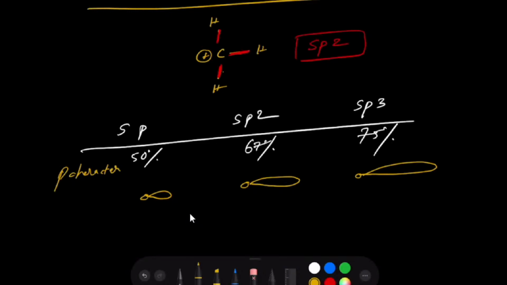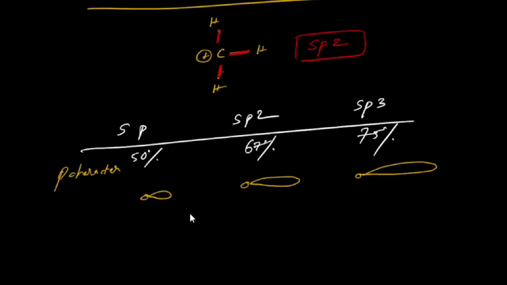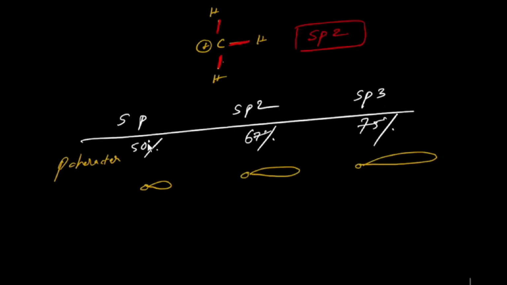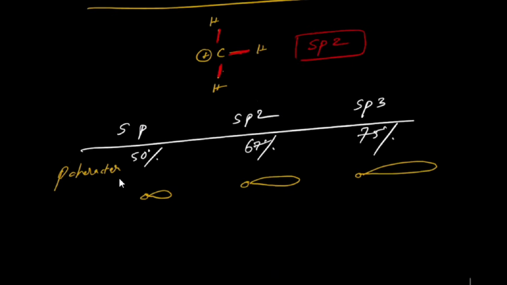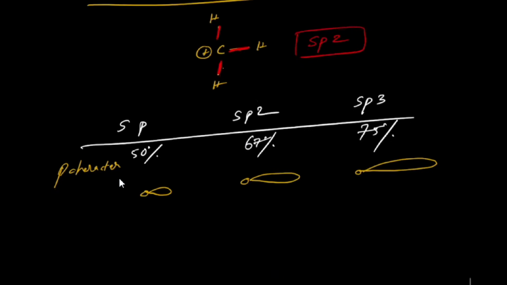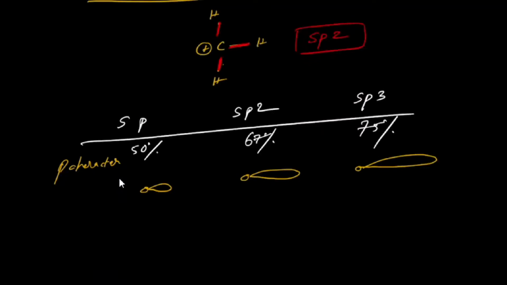It will be useful later when you study the acid strengths of various compounds. So this is about hybridization, how to look at the hybridization. There is some complication when you look at the hybridization of aromatic compounds. I will come to that later.